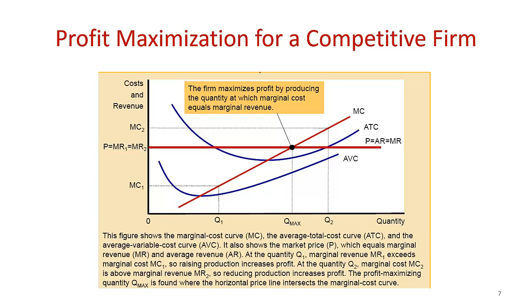So we try to understand the same concept using a more complicated graph, where you have a U-shaped average total cost, which we have done before. Again, a U-shaped average variable cost, and also an upward sloping marginal cost. And this is the situation where price equals marginal revenue equals average revenue.